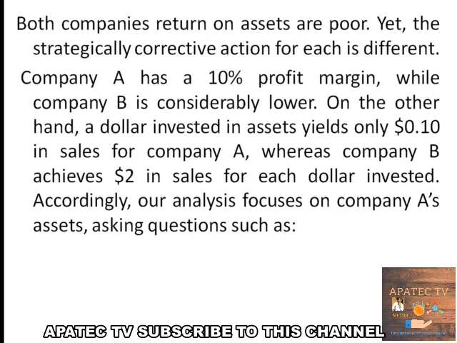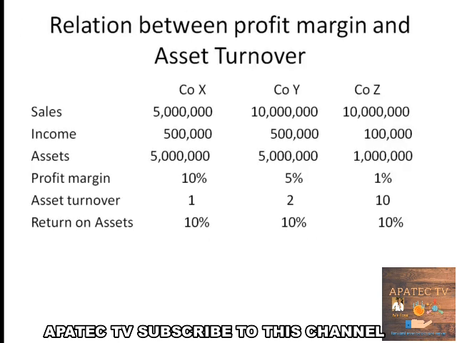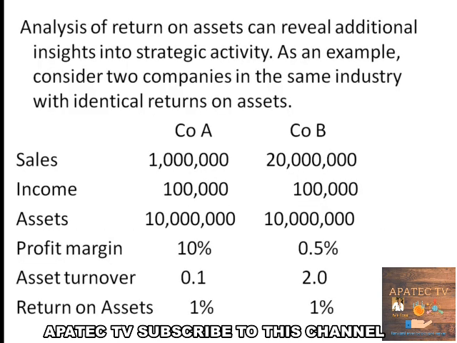Both companies' returns on assets are poor, yet the strategic corrective action for each is different. Company A has a 10% profit margin, while company B's is considerably lower. As we see in this example, it is a lower 0.5.